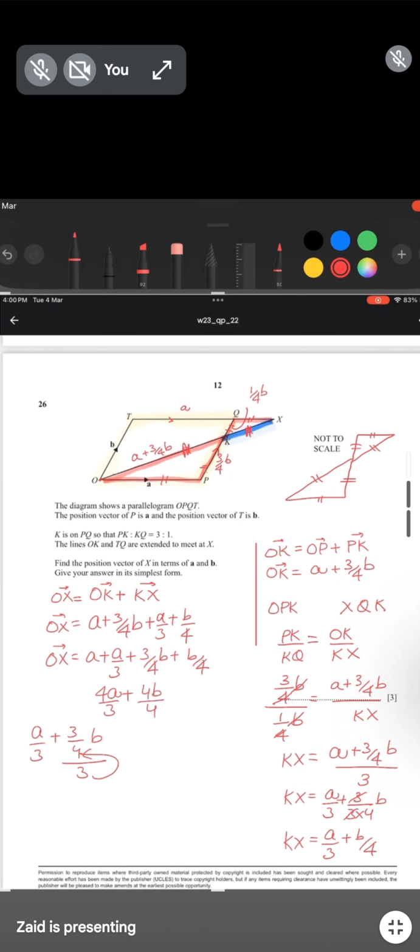When the denominator is the same, you don't need to take the LCM. You just add them: 3 plus 1, 4b upon 4. 4 gets cancelled. So OX is coming out to be 4A over 3. There's the final answer.